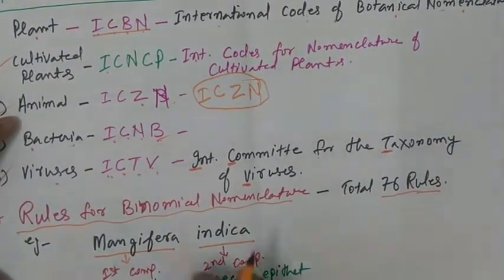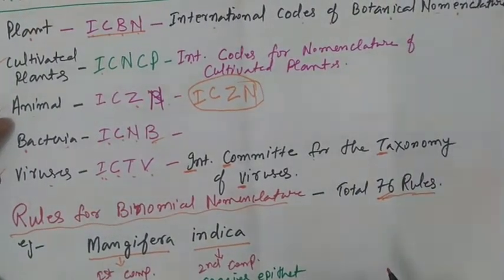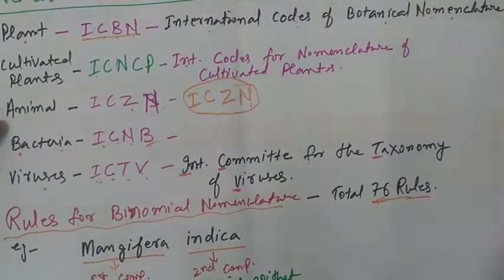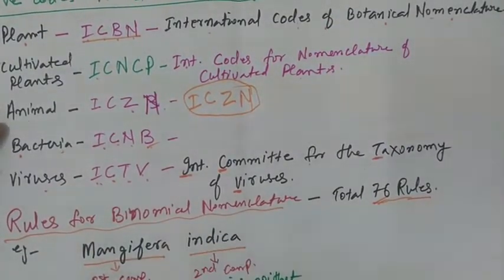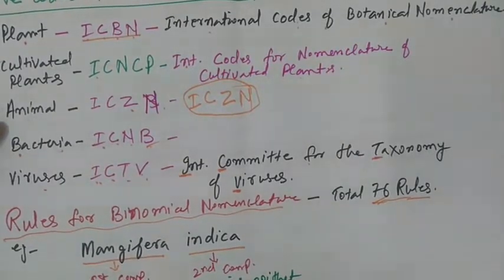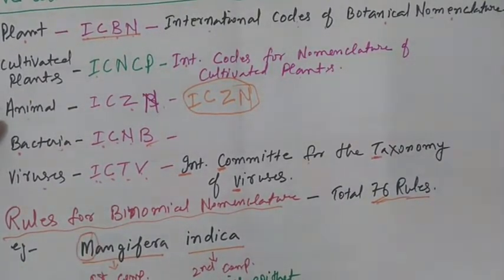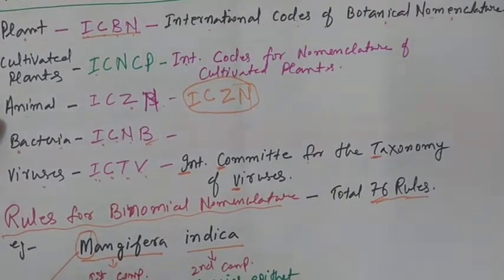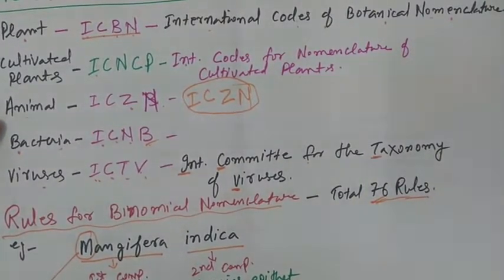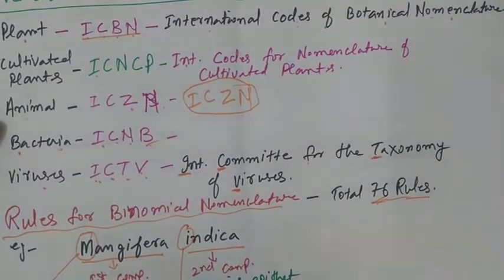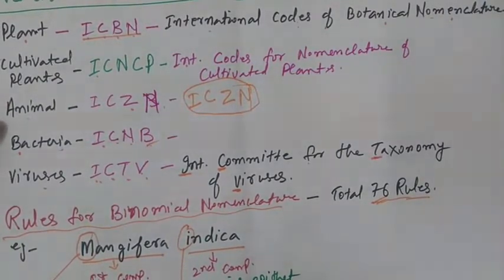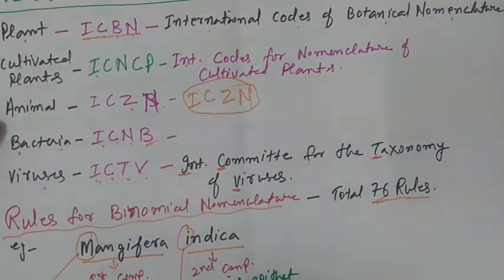Whatever I am saying here, these are all rules. The binomial has 2 components: the first represents the generic name, the second represents the species epithet. Whenever we write the generic name, it starts with a capital letter. The first letter should be capital. And the second, that means the species epithet, should be in small letters. Both the generic name as well as the specific name should be underlined separately.